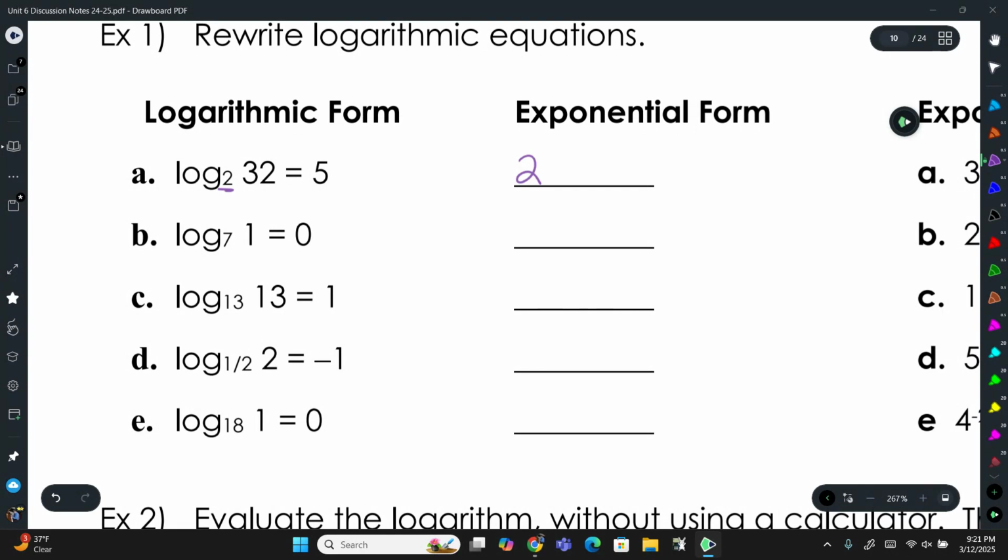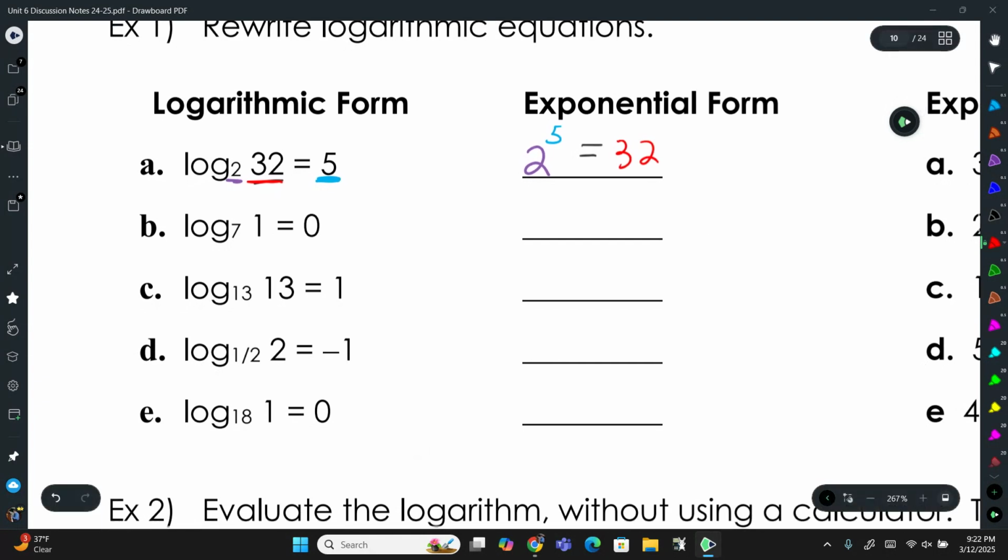Now, the log equals your exponent. On the left side we have the word log. On the other side we have 5. This 5 is your exponent, and then it equals that other number, 32. And this is a true statement. 2 to the 5th power is 32.